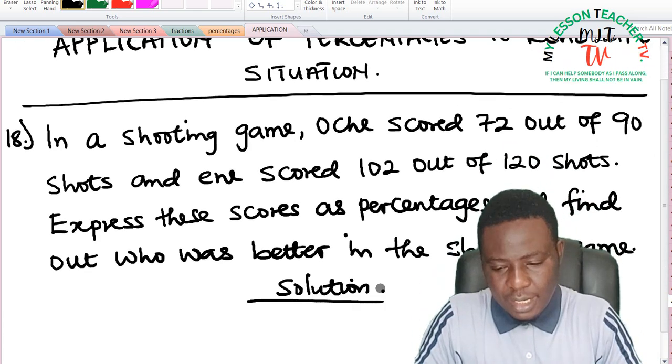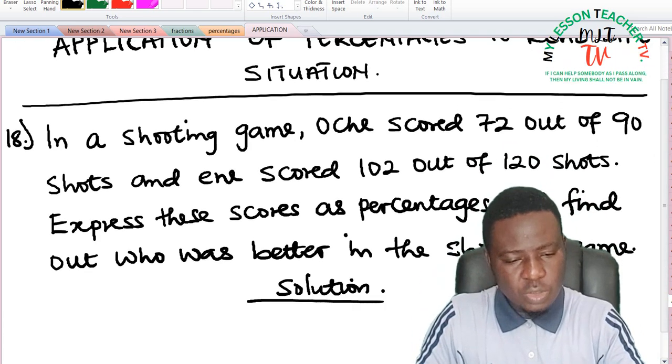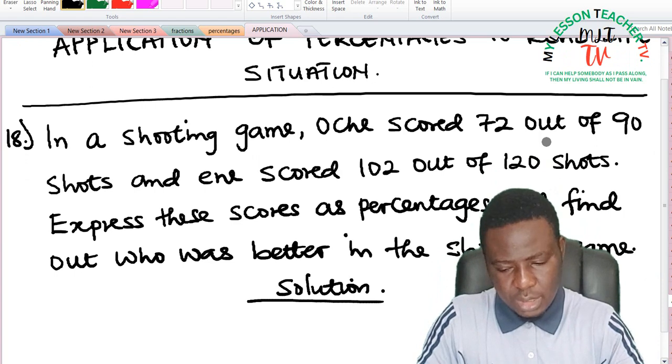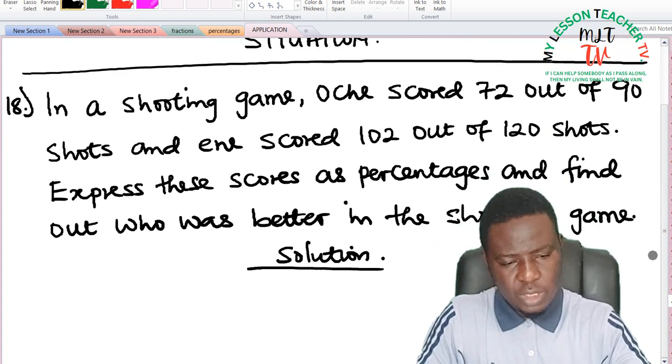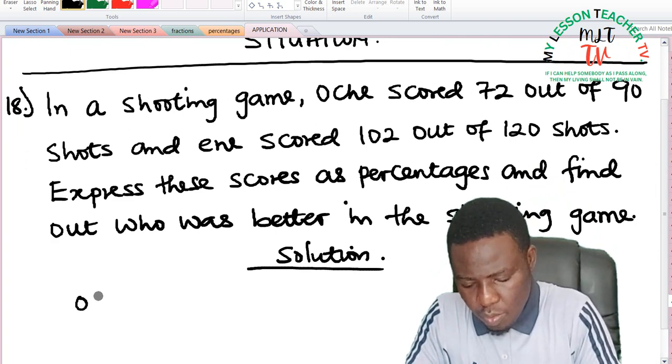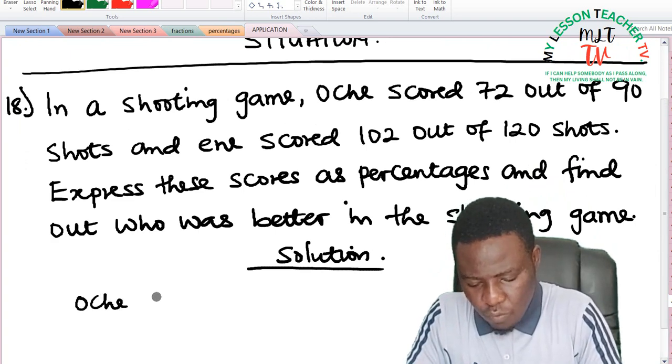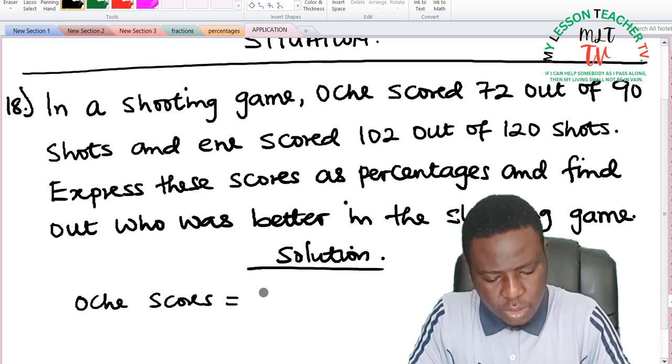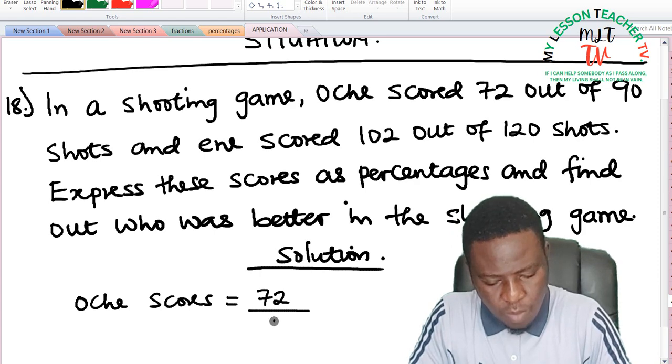Solution: Oche scored 72 out of 90 and we have to express the scores as percentages. So the percentage of Oche's score will be equal to the total number he got out of the total number of trials, which is 90, times 100 over 1.